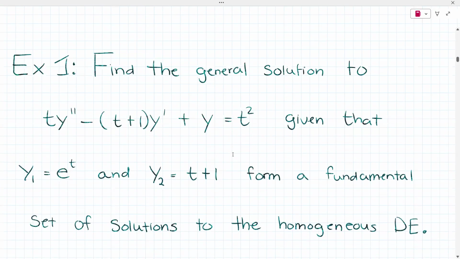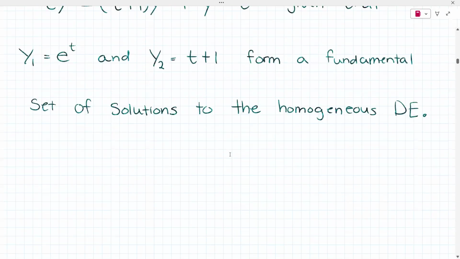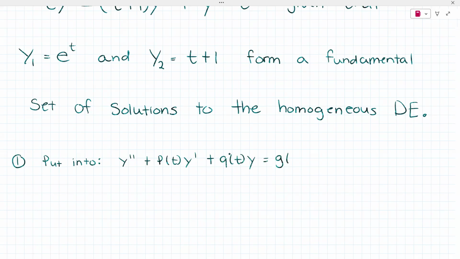So step 1, we're going to put it in the form of this. Okay, so that's the first step.